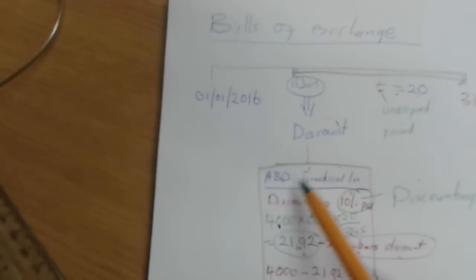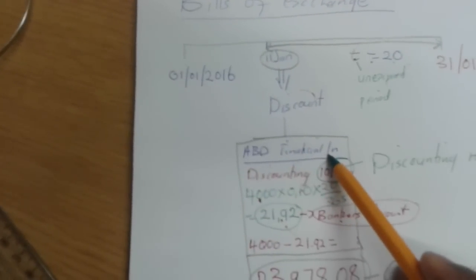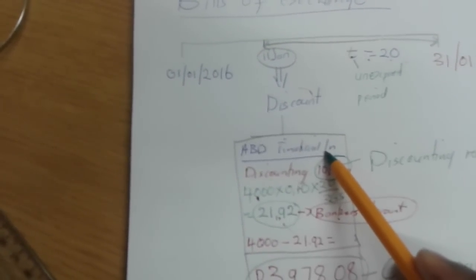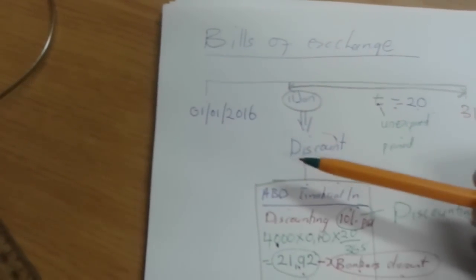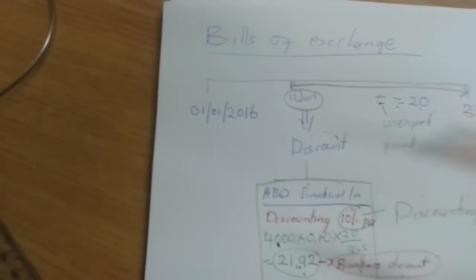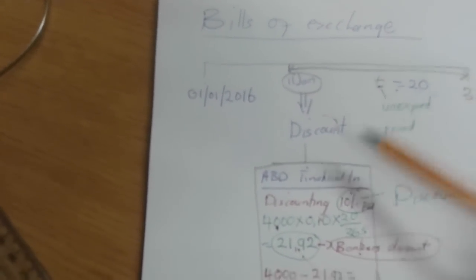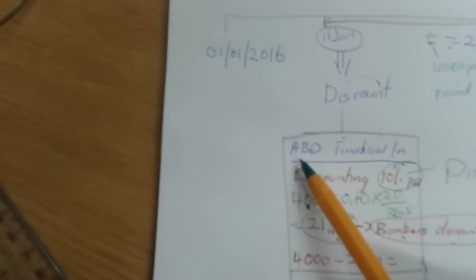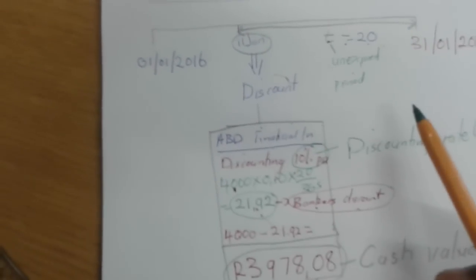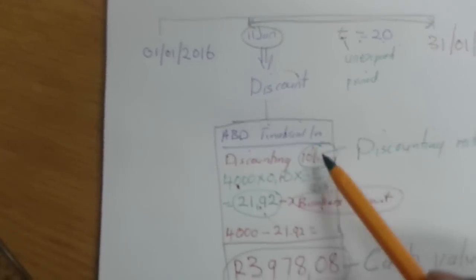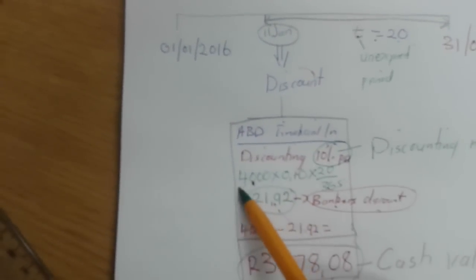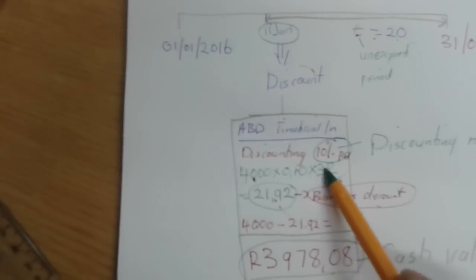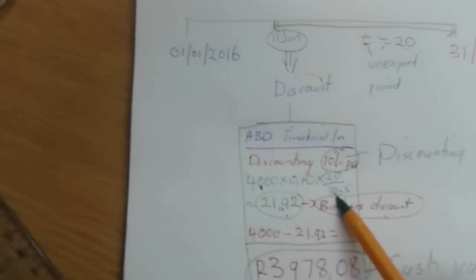So they have to go to a financial institution to discount the bill, which is simply to exchange it for cash before its due date. So they went to the institution called ABD, and their discounting rate there is 10% per annum. So they work out their BD as 4,000 times 10% times 20 over 365. Where's the 20 coming from?